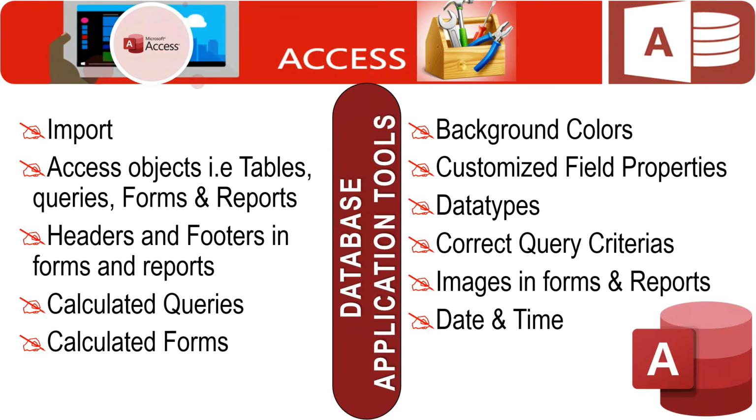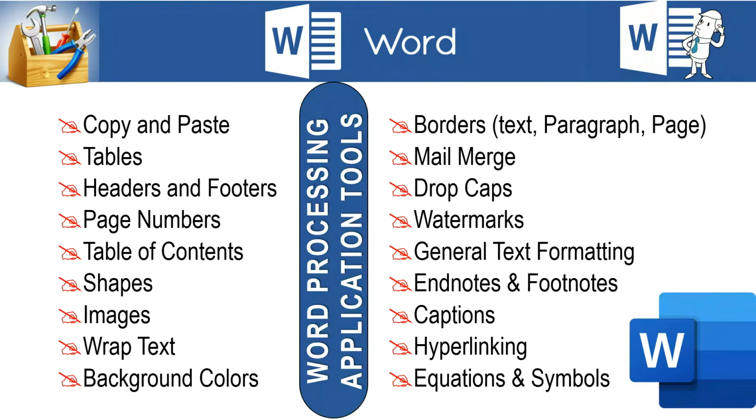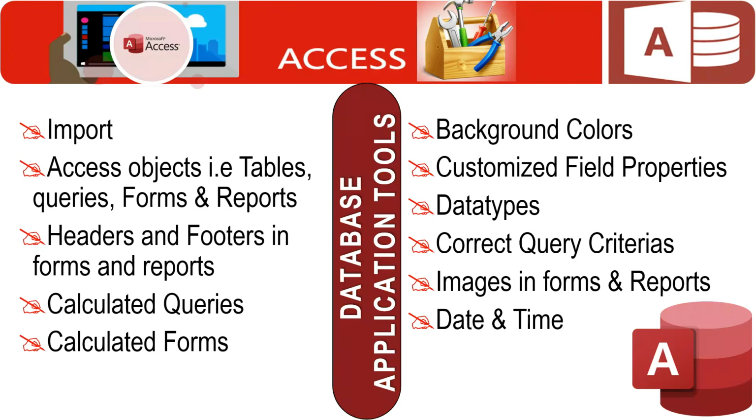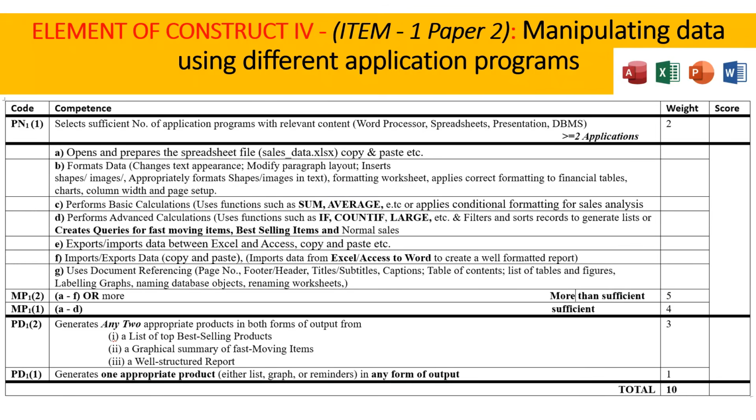Now, these application tools that we have looked at, we generate what we call a score sheet for that very item. This score sheet starts with planning. We are looking at whether the candidate has used relevant application programs, and especially a candidate must use a minimum of 2 applications.